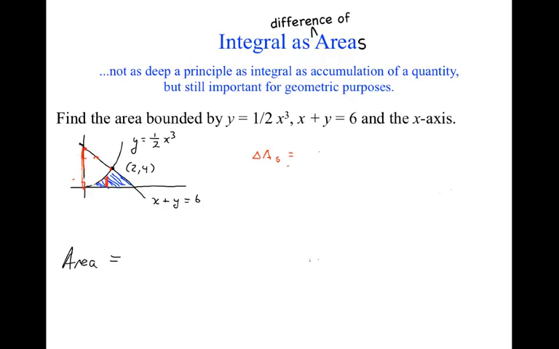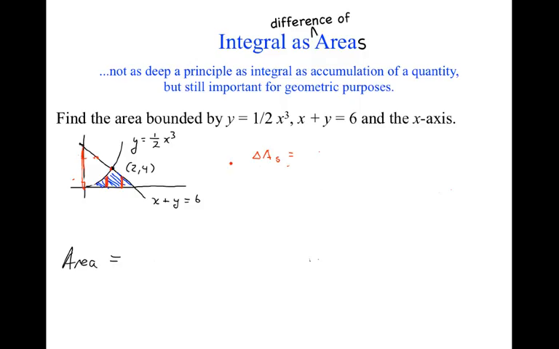It always had the line at the top and the curve at the bottom. Do you see that? But in this one, we've got these typical strips going from the x-axis up to the curve. When we get to this point, what happens? What about these typical strips over here? They're different. They're bounded by the line at the top. So one integral isn't going to cut it because we have two different typical strips to take care of.